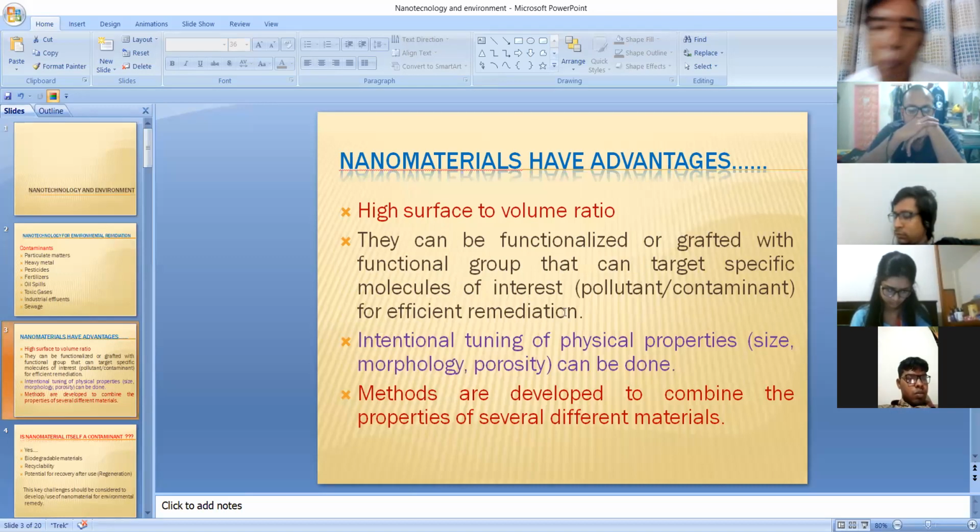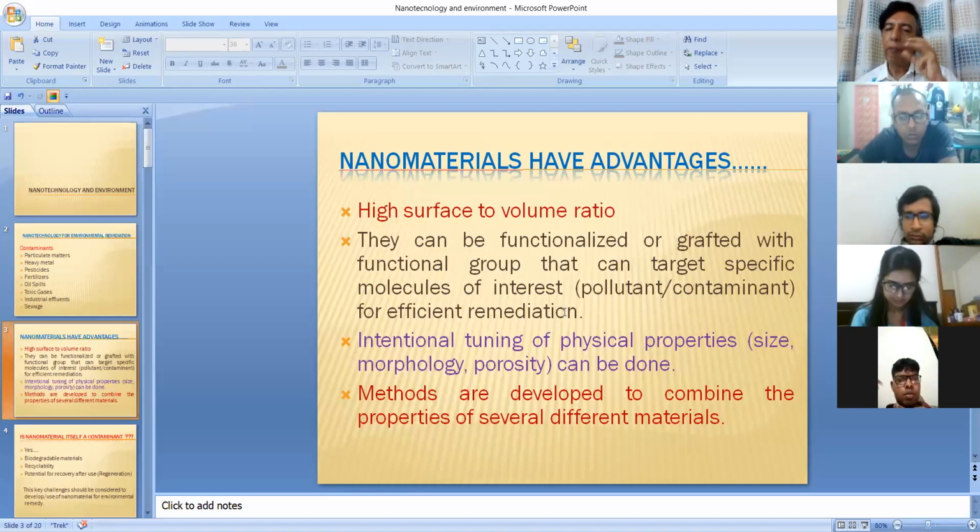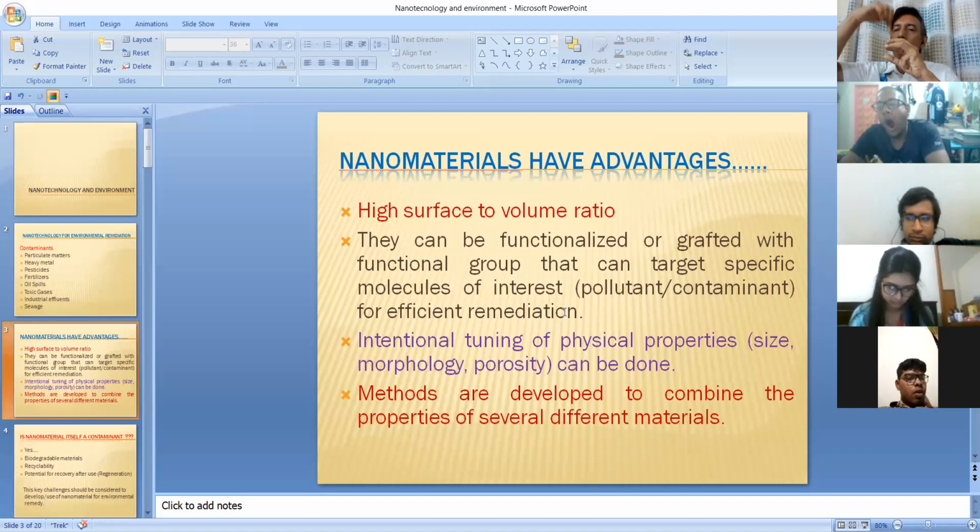What does it mean? Say, for example, a gold nanoparticle can be functionalized by grafting, by adding some functional group. Say this is a gold nanoparticle and I have added an OH group here, or a COOH group here.